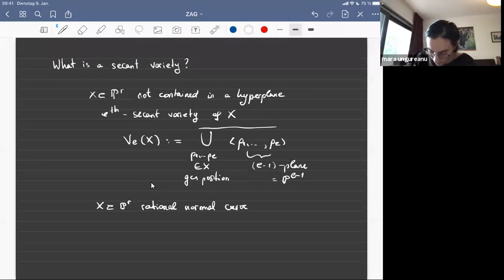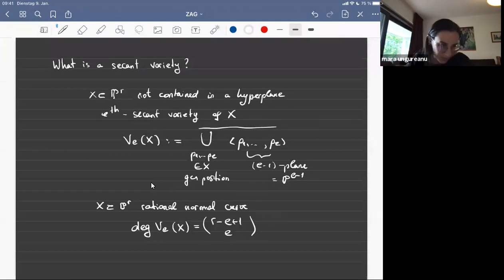For example, it's not super hard to see that the degree of the secant variety in this case is given by (r minus e plus 1) choose e. And you have to be a bit careful in this case, have some condition to make things work nicely.